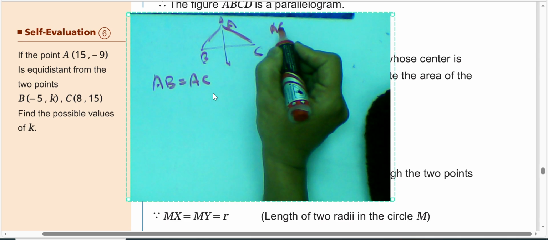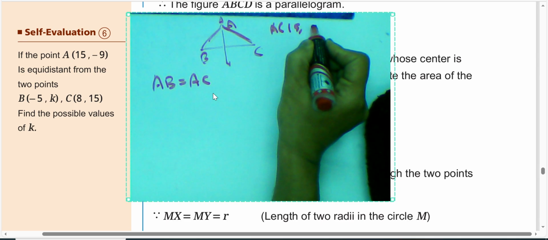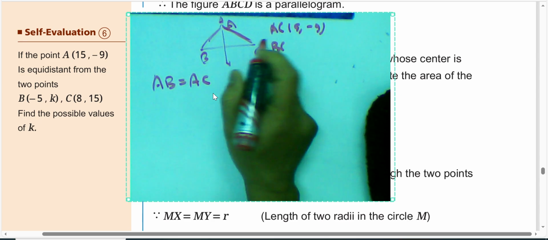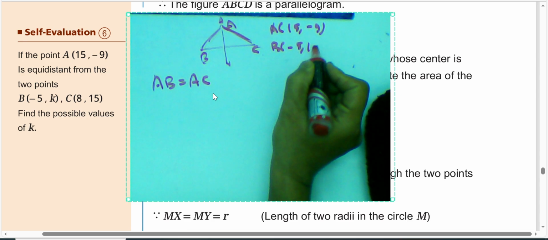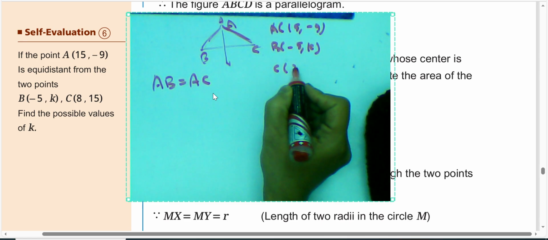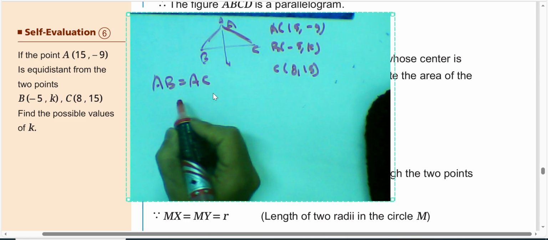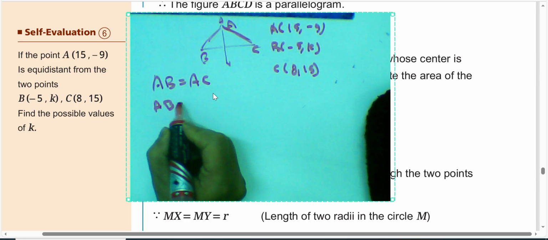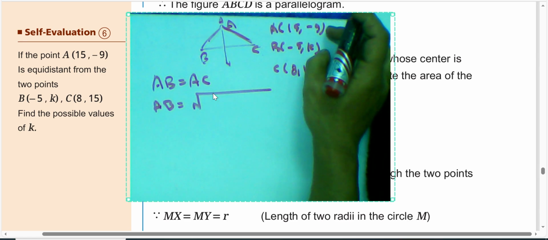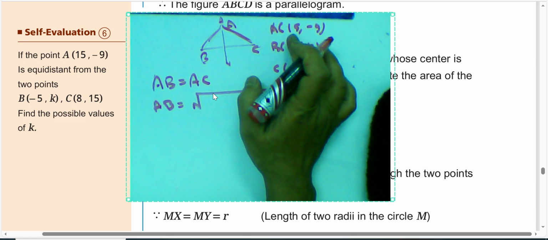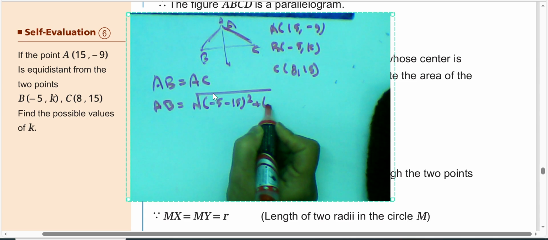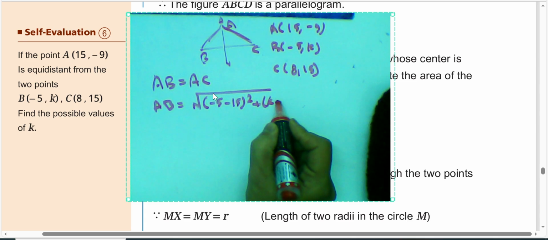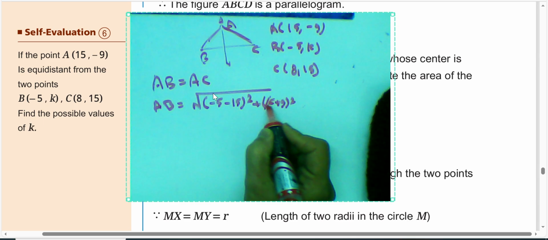Look, we have point A (15, -9), point B (-5, k), and C (8, 50). First we can find the length of AB. Negative 5 minus 15, power 2, and k minus negative 9, which is k plus 9, power 2.